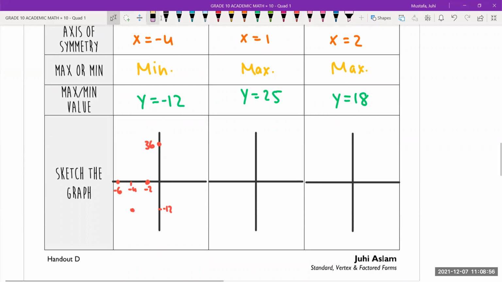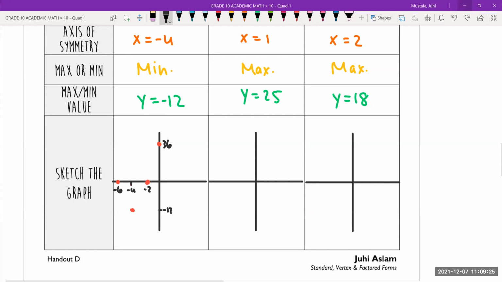Okay, so as long as you put down all of those points, and I'm just going to change all of my numbers in black so it's clear. So this is -2, this is -4, this is -6, this is -12, and what was this? This was 36. Okay, now we use all this information to sketch our graph, so it's going to look something like this.